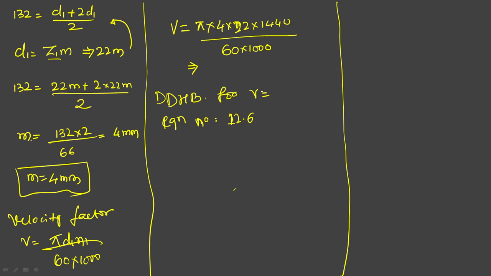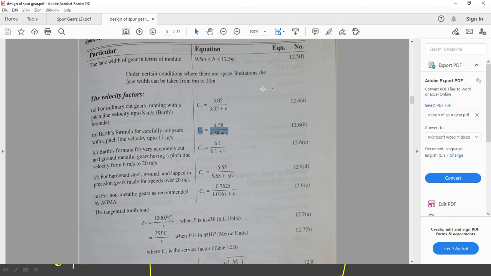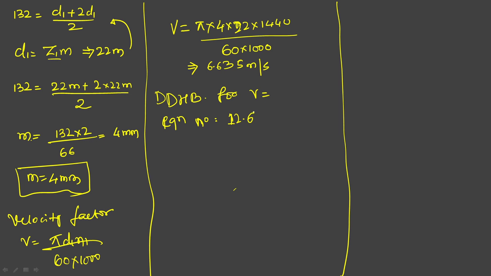How much velocity did you get? 6.635 meter per second. 6.635 meter per second. Okay, now you can go for equation number 12.6a.